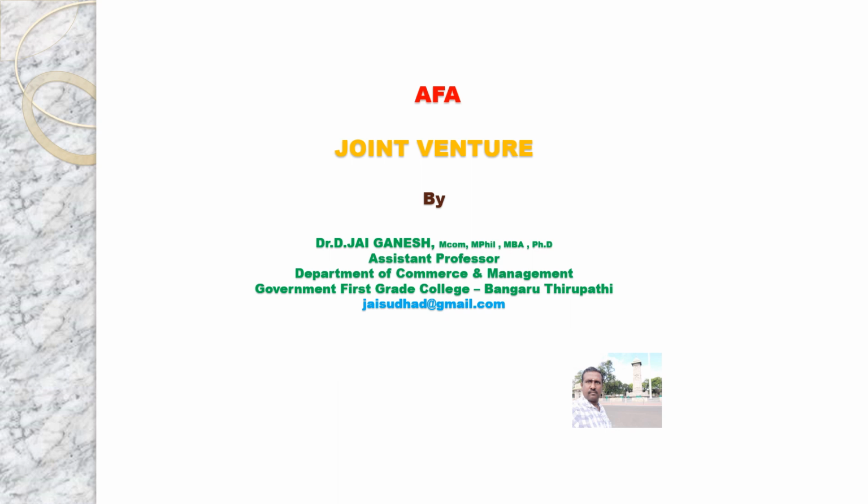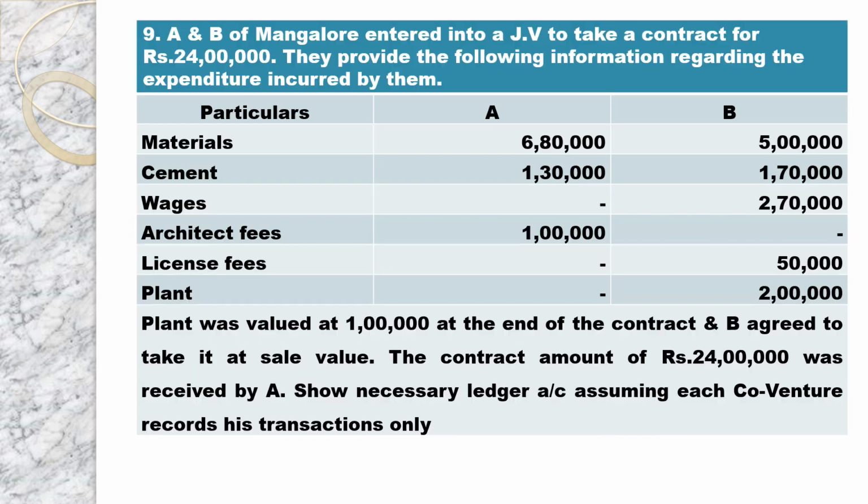So today we are going to solve the ninth problem on joint venture where separate accounts are maintained. A, B and A&B of Mangalore entered into a joint venture to take a contract for 24 lakh. They provide the following information regarding the expenditure incurred by them.